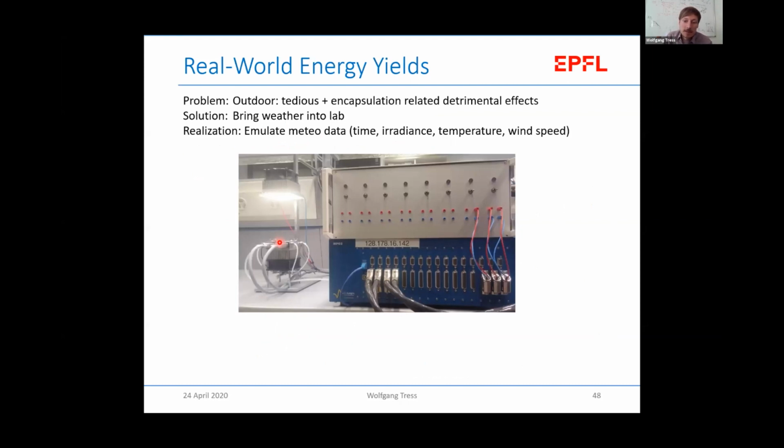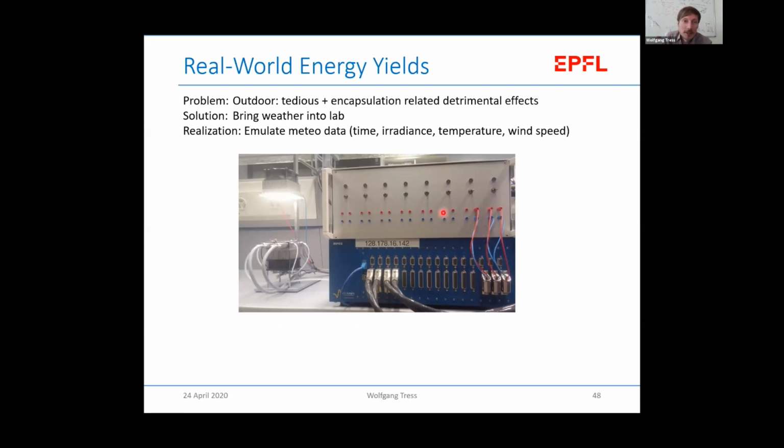So as a last point, which is very application relevant, we said when we have all these degradation mechanisms, especially these reversible ones, what will happen when we expose these devices to realistic weather conditions? Of course, you can do outdoor testing, but then you need to encapsulate the device very well.